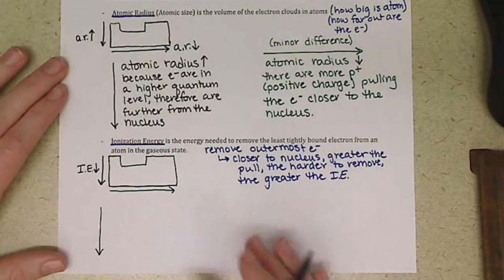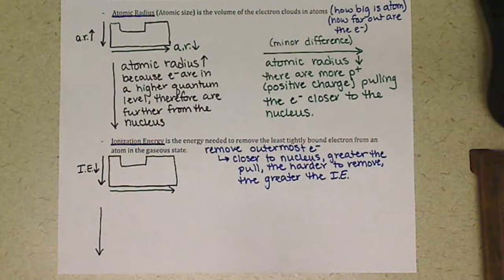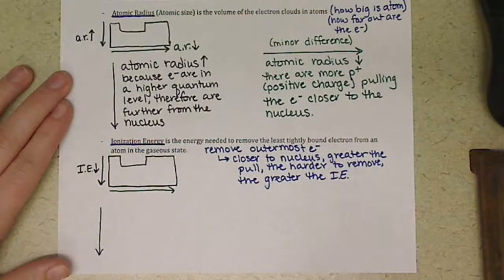So as we move down the periodic table, our electrons are moving further from the nucleus, so it's easier to remove because they have less pull from the protons, so our ionization decreases.